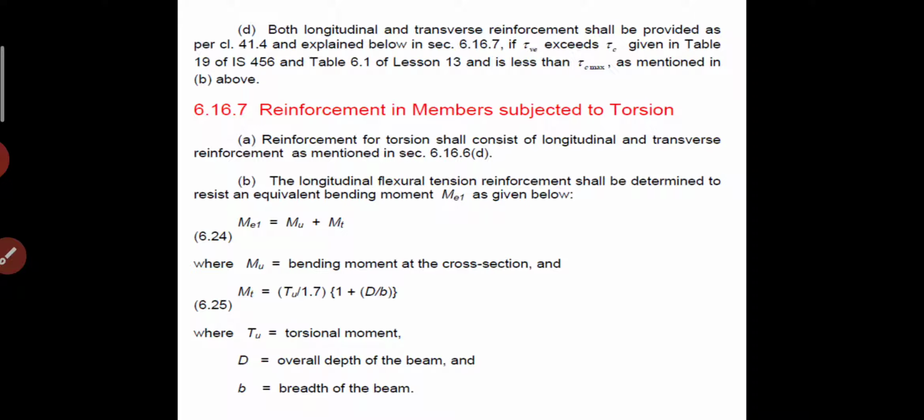Reinforcement in members subjected to torsion. Reinforcement for torsion shall consist of longitudinal and transverse reinforcement as mentioned in section 6 of Indian Standard Code 456:2000. The longitudinal flexural tension reinforcement shall be determined to resist an equivalent bending moment, which is ME1.